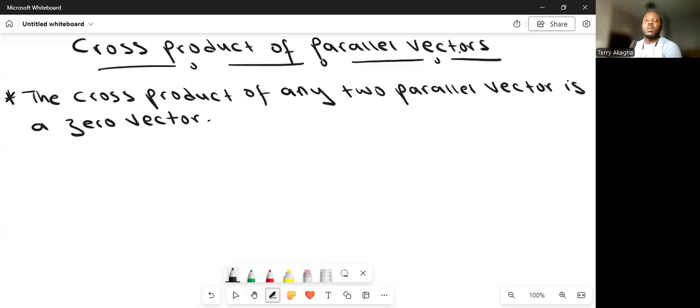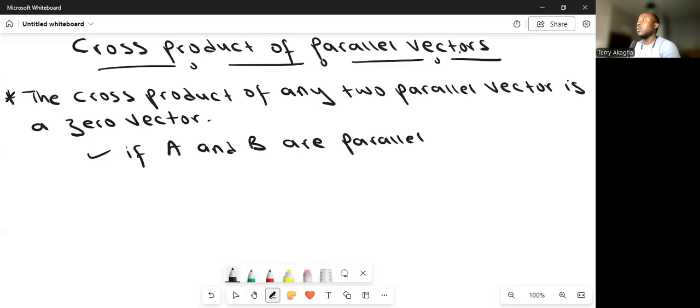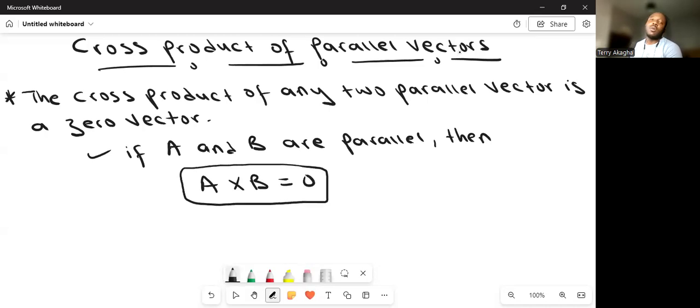Okay? So what I'm saying is that, for instance, if A and B are parallel, then A times B is going to be equal to what? Zero. Okay, so when you have the cross product of A and B, it's going to be equal to zero.